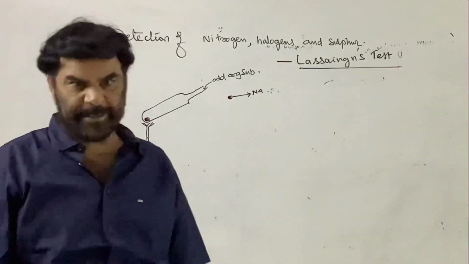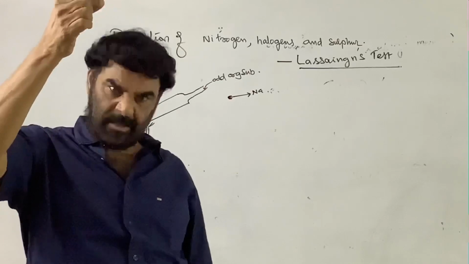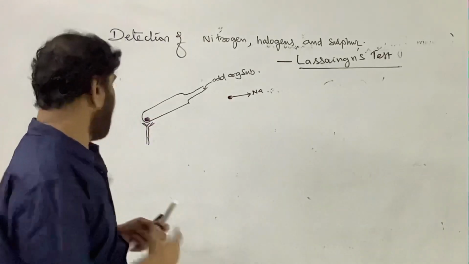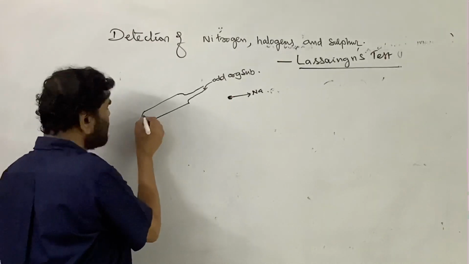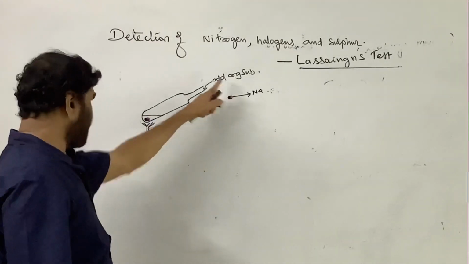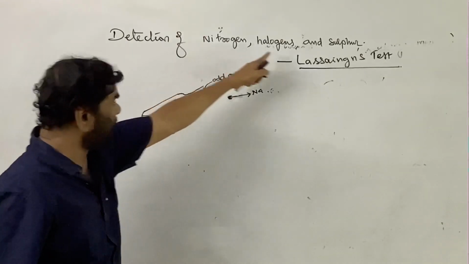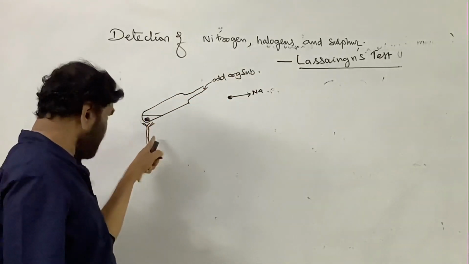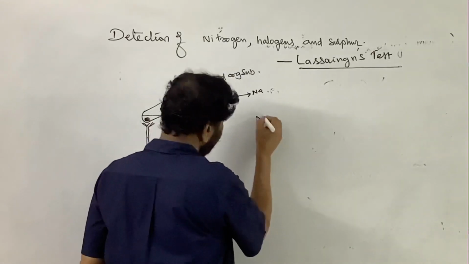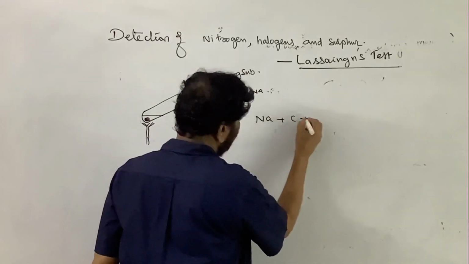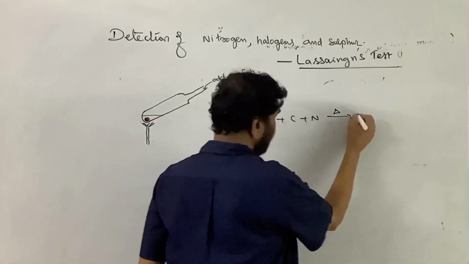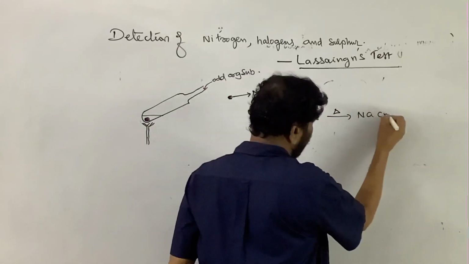It is strongly heated, above the flame, now within the flame. Now what happens on strong heating? The reaction takes place between the different elements present in the organic compound and metallic sodium. Na plus carbon plus nitrogen, on red hot strong heating, gives sodium cyanide.